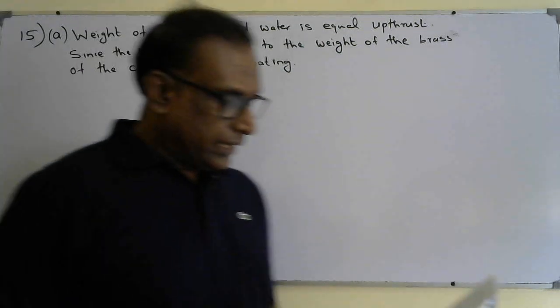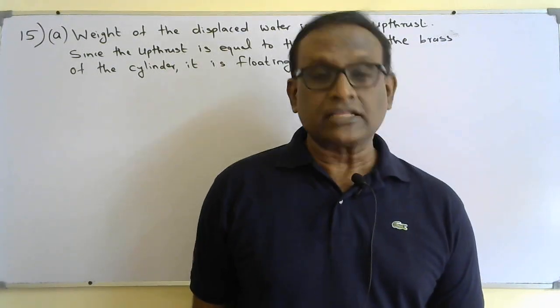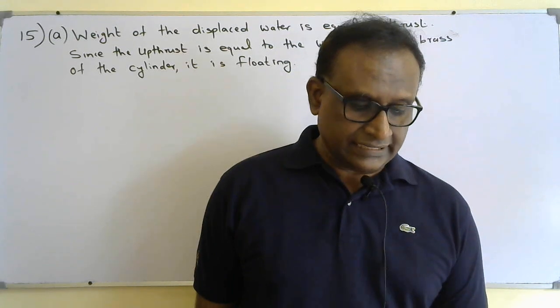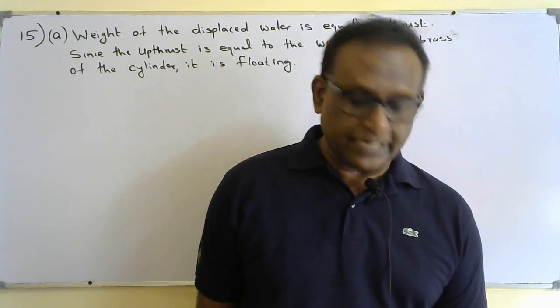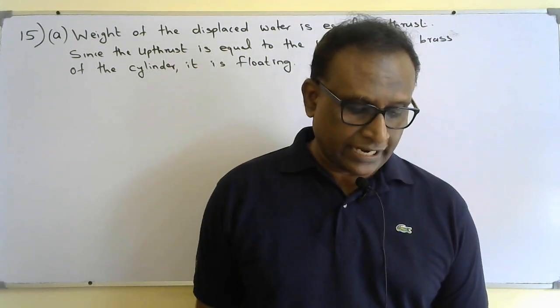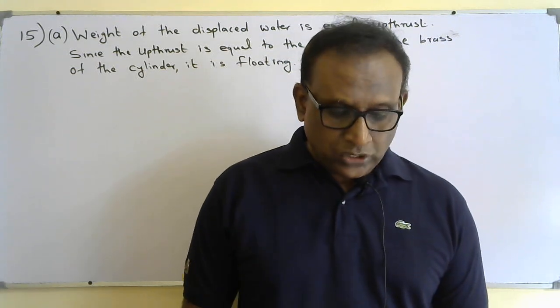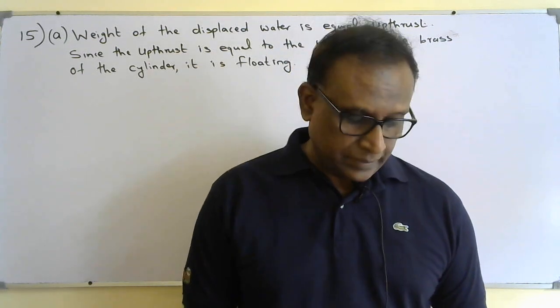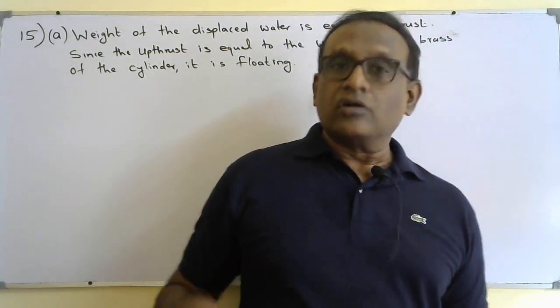Okay, so the B part, density of water is 1000 kilogram per meter cube. Show that the mass of the cylinder is about 9 into 10 to the power minus 3 kilogram. So we know that the upthrust is equal to the weight of the displaced water.